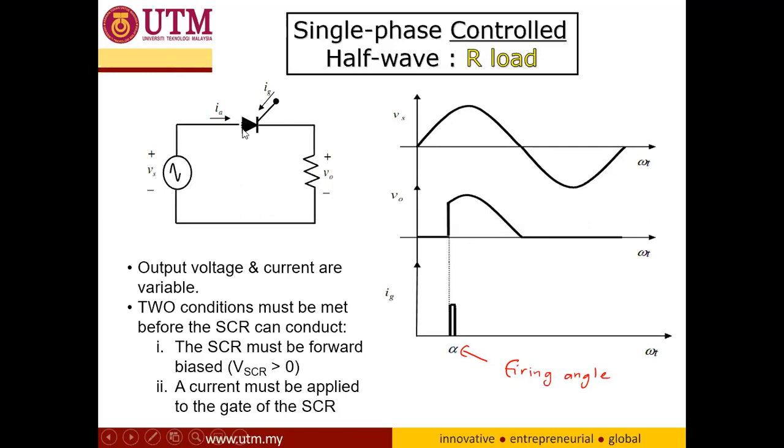Meaning the SCR will turn off, and the load is no longer connected with the input. That's why we have zero V out during the negative cycle. Then when it is the positive cycle again and there is a triggering signal, it will have an output again.